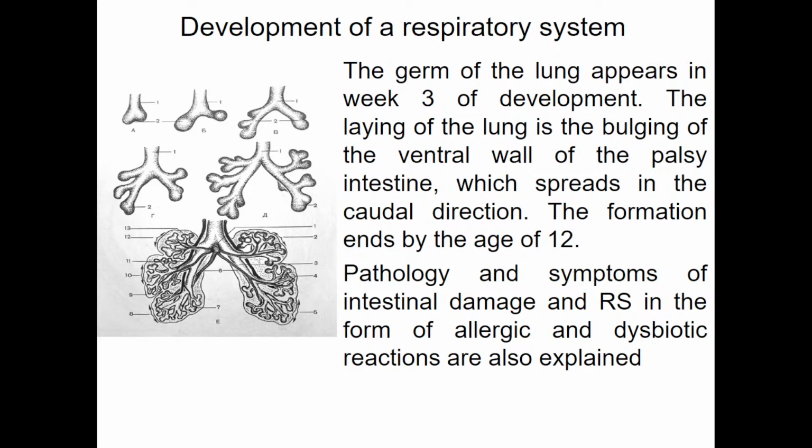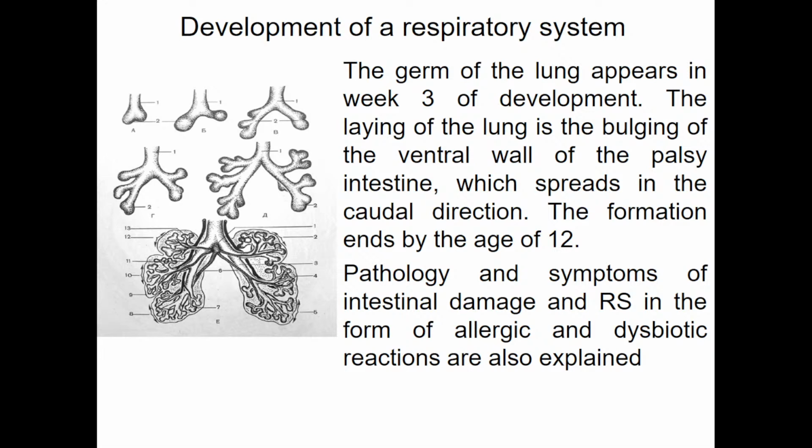The diverticulum gives rise to the epithelial lining and associated glands of the trachea, larynx, and bronchi, as well as the respiratory epithelium of alveoli. Connective tissue, cartilages, and muscles arise from mesenchyme cells that are located around the growing bud.